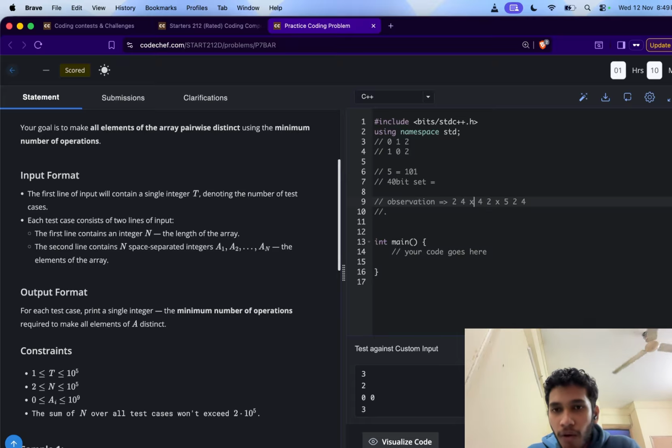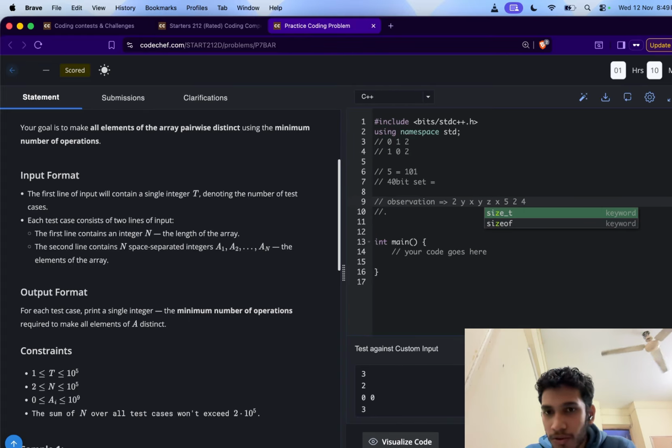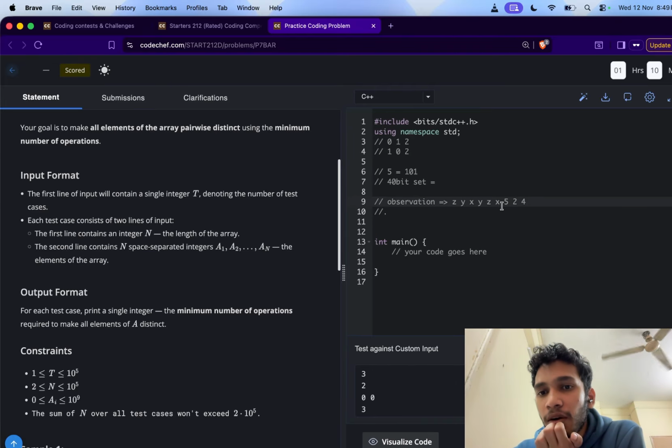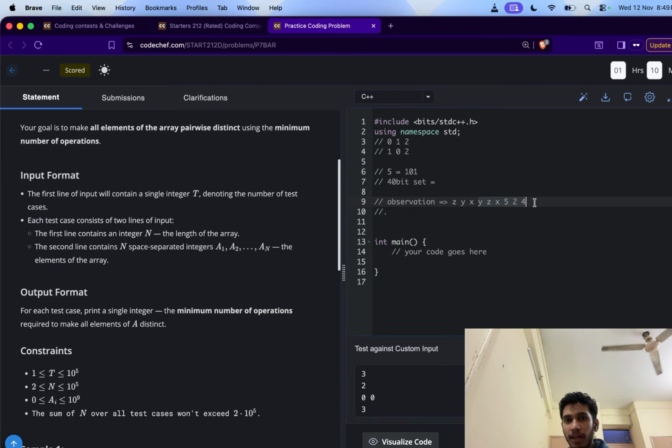Similarly, this 4 is transformed to y, and this 4 is also transformed to y, and this 2 is transformed to z, and this 2 is also transformed to z. What do we see now? This x is different from this 5, this z is different from this 2, and this y is different from this 4. So this subarray from 4 to 9 is now completely unique.